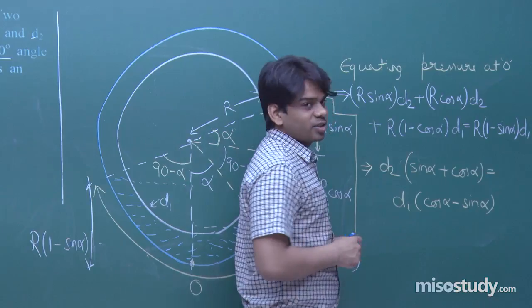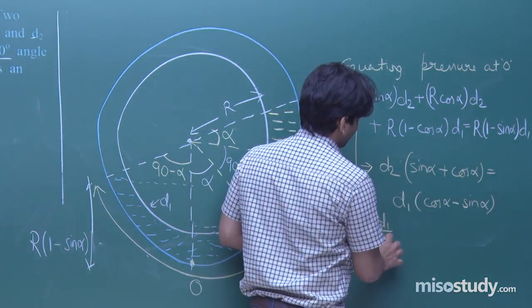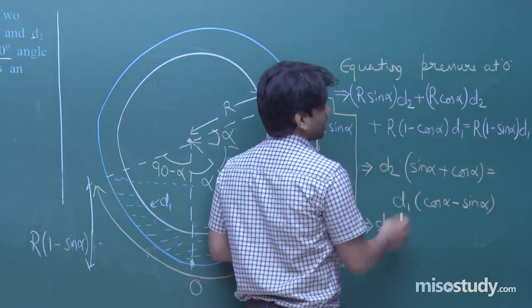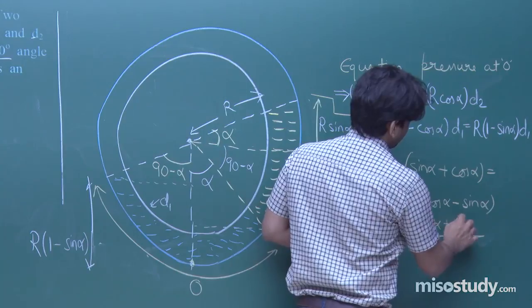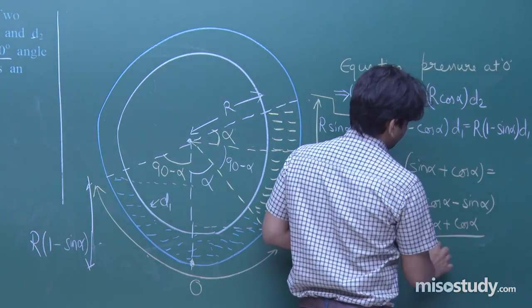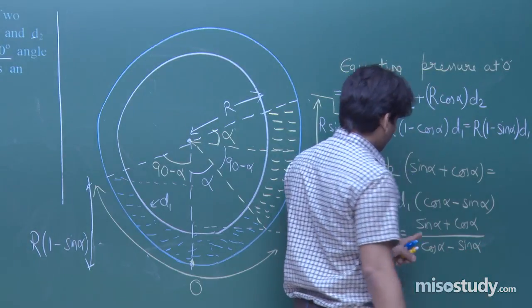We require the ratio of D1 by D2, so D1/D2 = (sin α + cos α)/(cos α − sin α). This is the ratio that we are getting for D1 by D2.